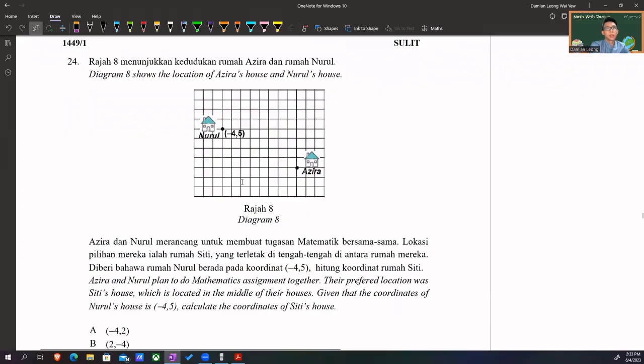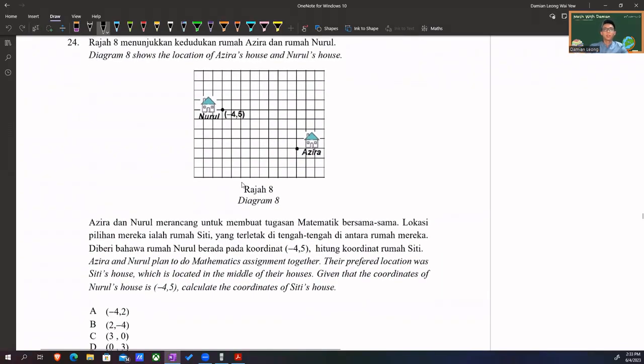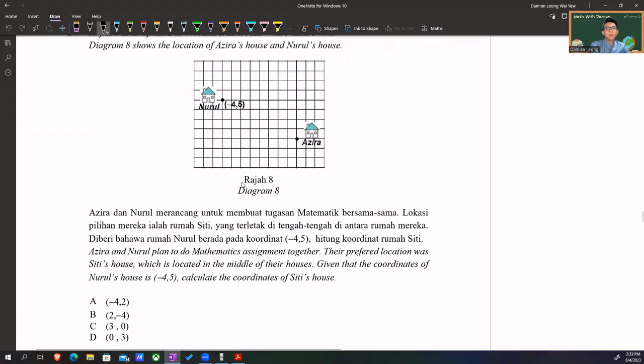Question 24. Diagram 8 shows the location of Azira's house and Nurul's house. Azira and Nurul plan to do mathematics assignment together. Their preferred location was Siti's house, which is located in the middle of their houses. Given the coordinates of Nurul's house are -4, 5, calculate the coordinates of Siti's house.